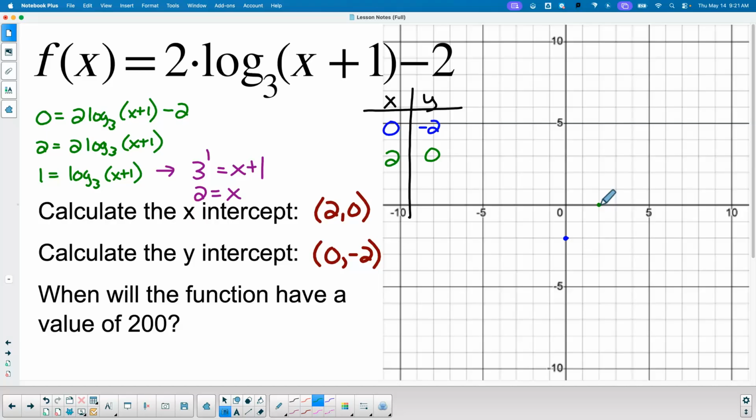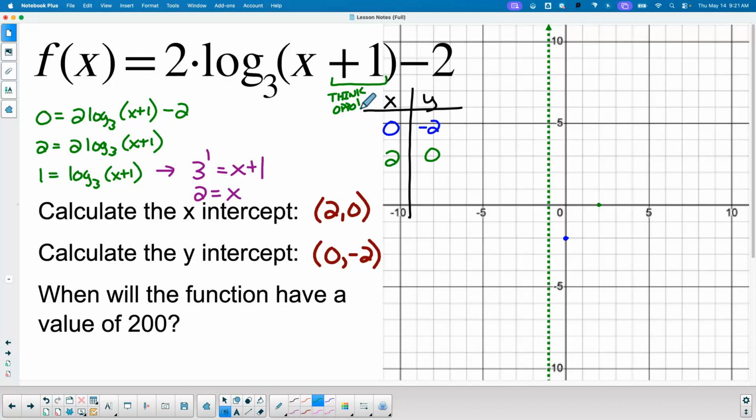This is a logarithmic function, so it's going to have a vertical asymptote, and that vertical asymptote is going to be at x equals negative 1. And I get that from this part right here. I think opposite on that one because it is inside a set of parentheses.